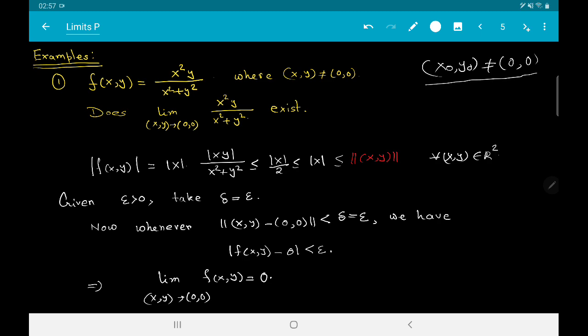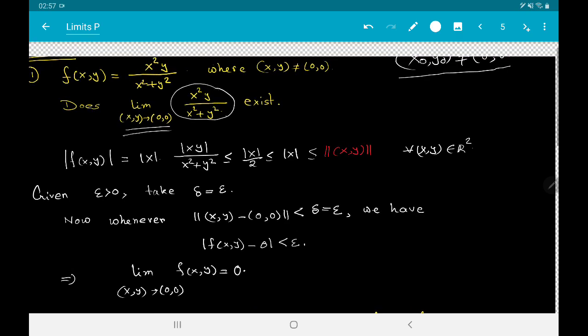So all we need to check in order to determine at what points this limit exists is the point (0,0). So the question is, does the limit of x squared y divided by x squared plus y squared exist as (x,y) goes to (0,0)?